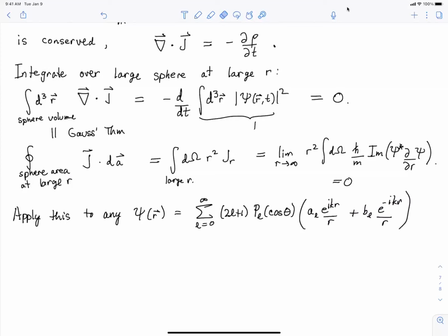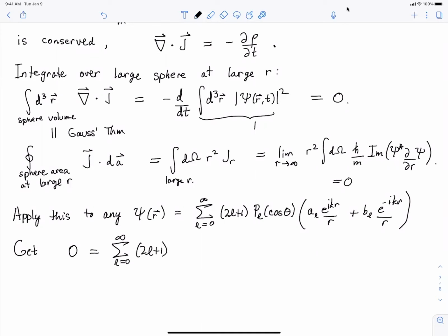Okay, so here's where I'm going to skip some steps, but basically what you do is you take this, plug it in there, take its r derivative, multiply by its complex conjugate, take the imaginary part. There will be some cross terms which turn out to cancel. And so what you get is that 0 equals a sum of 2L plus 1s.